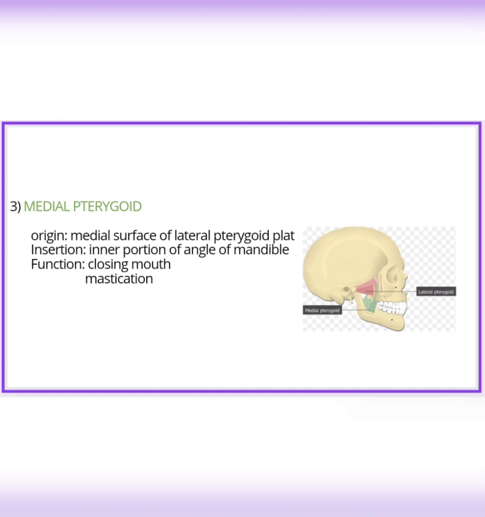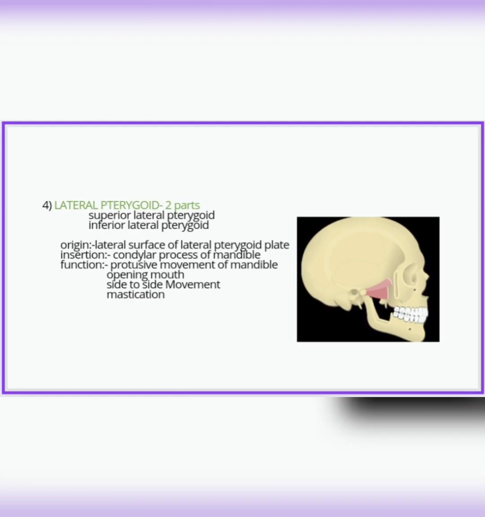The next muscle is the lateral pterygoid, which is helpful for opening the mouth. The lateral pterygoid has two parts, superior and inferior lateral pterygoid.